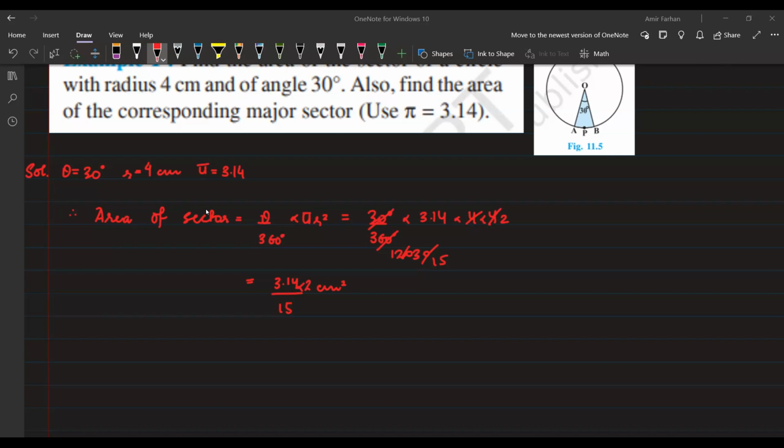Just a second, Gianna. I think I made a mistake somewhere. This is not 120, it would be 12. 0 is already cancelled now. 12 will cancel by 3 times.